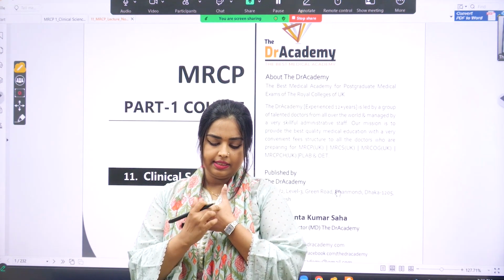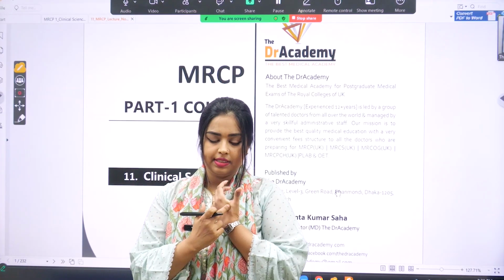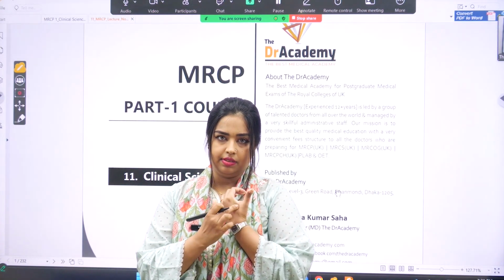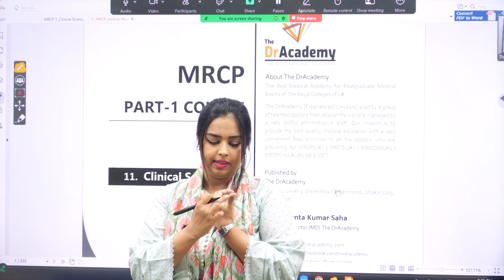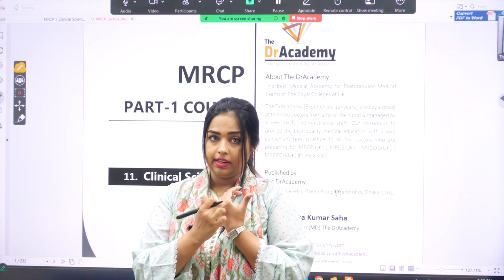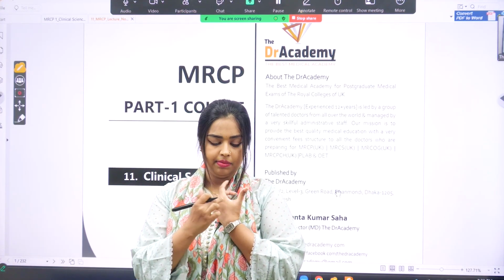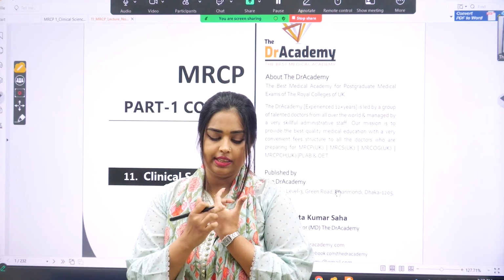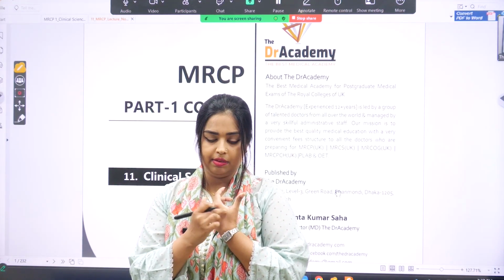And mainly this is called the anatomical snuffbox. This portion, between the index finger and the thumb, this is the anatomical snuffbox, and this is also supplied by the radial nerve.